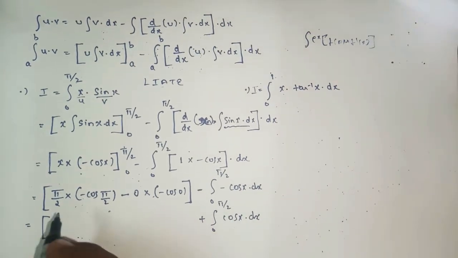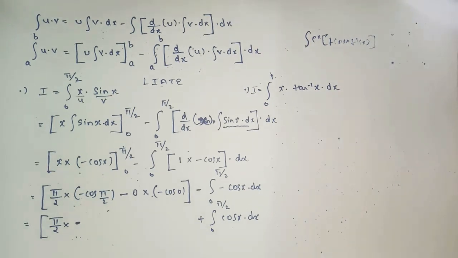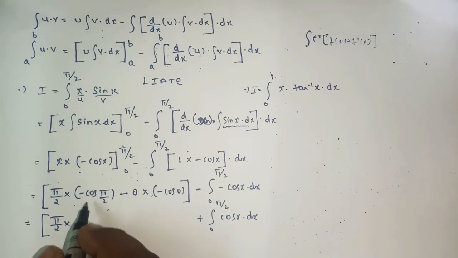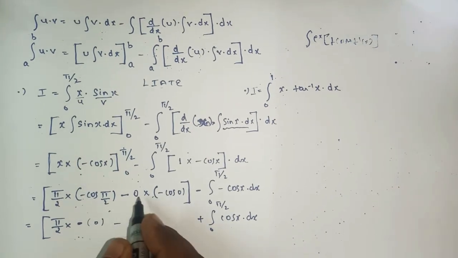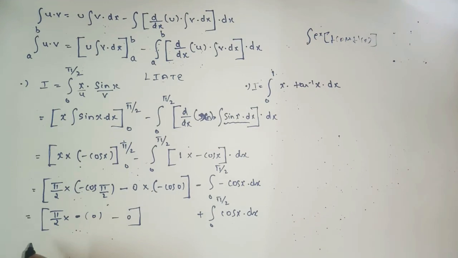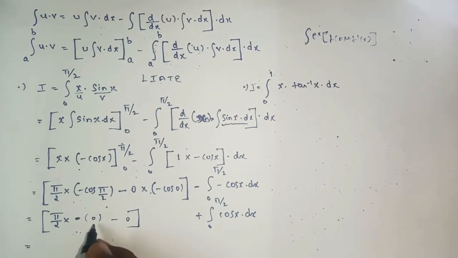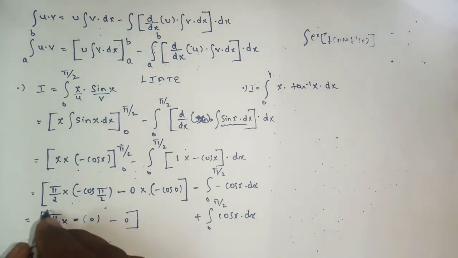And here you will get pi by 2 into minus cos pi by 2, which is cos 90, and cos 90 will be 0. So 0 into a number will be 0. Here also 0 into a number will be 0, so 0 minus 0, this whole section, will be 0 only.